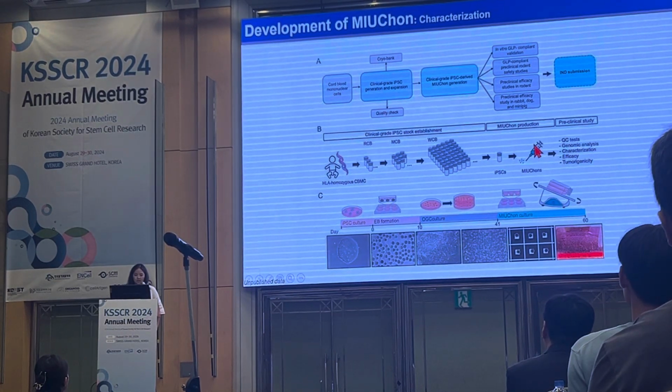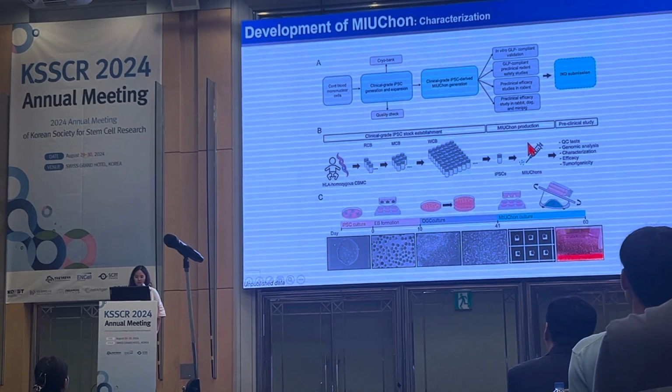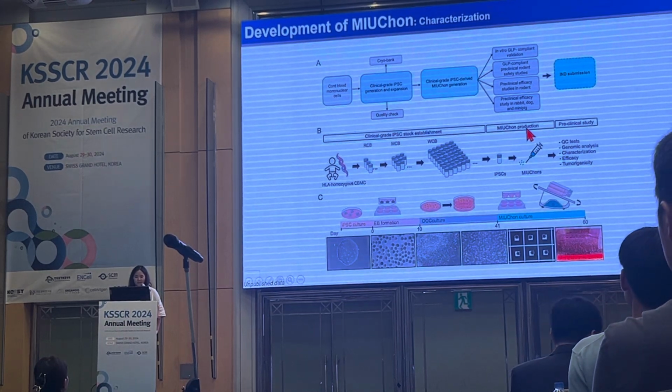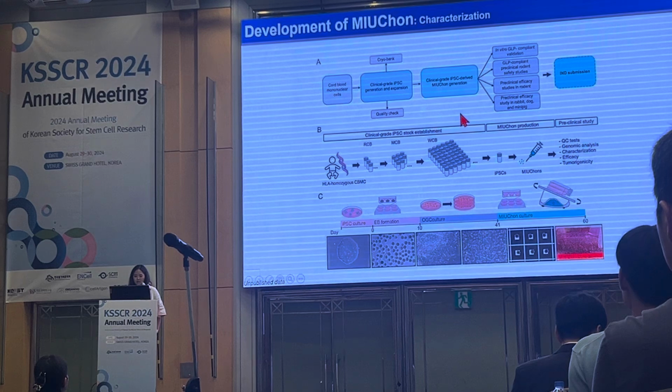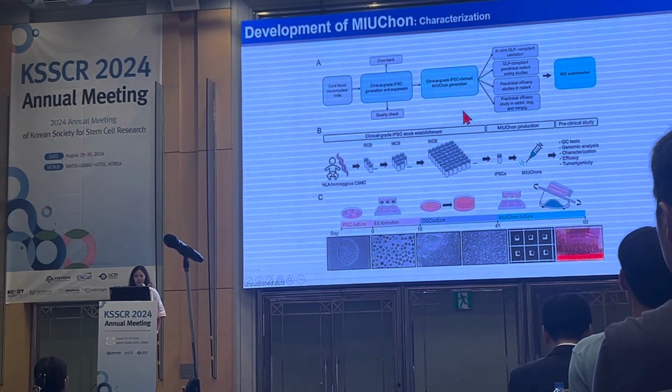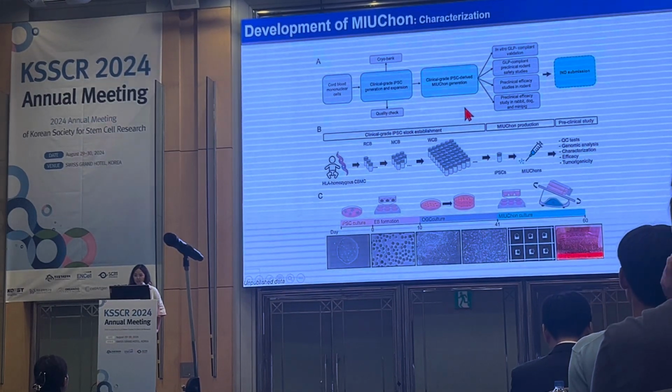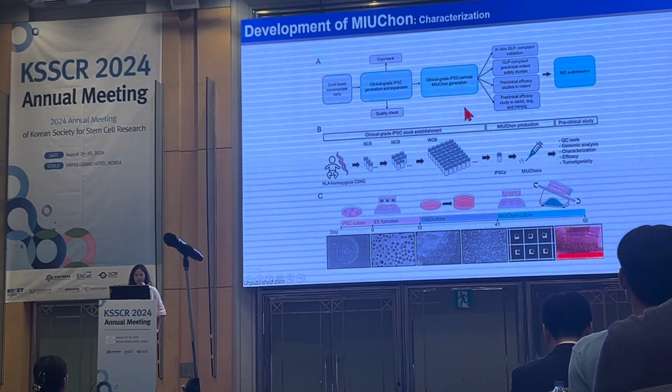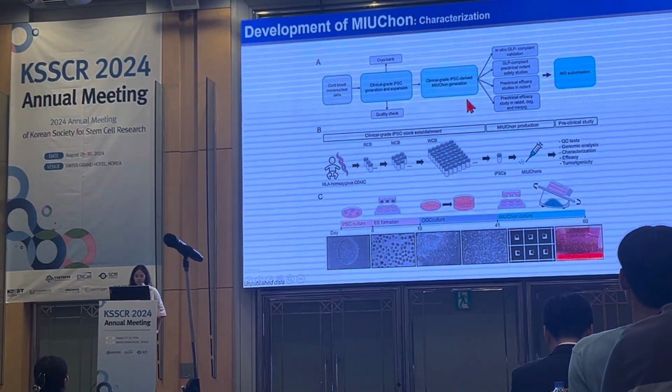To generate clinical grade MUCONs, we first established a clinical grade iPSC cell bank. And using the cells from the cell bank, we generated clinical grade MUCONs for further validation and preclinical studies for IND submission.